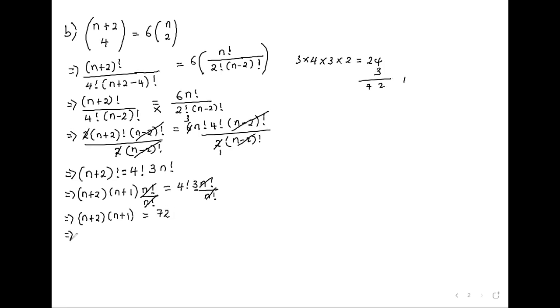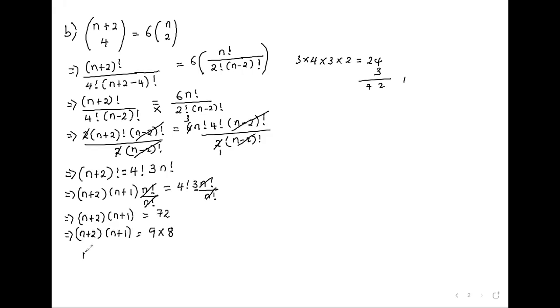Then we do our usual thing. So we do n plus 2, n plus 1, and look for two numbers that when you multiply, they will give us 72, like 8 and 7. 9 and 8. Yes. So this is 9 by 8. We get 9 by 8, we get 72.